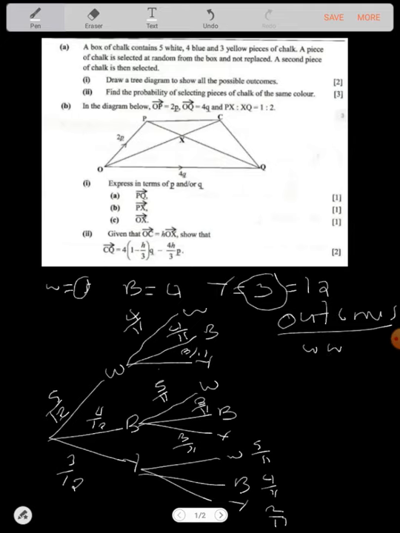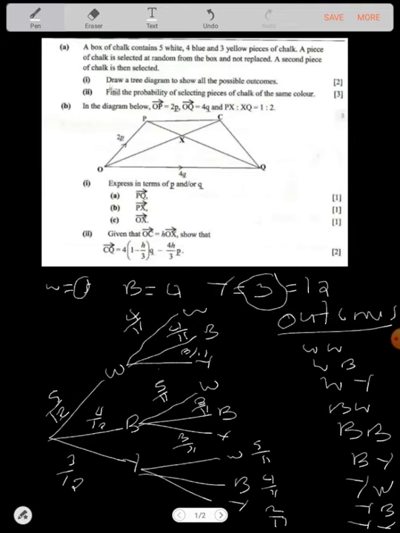Then we also have white blue, white and yellow, blue and white, BB, BY, YW, then YB, then YY. So these are the possible outcomes when they say write the possible outcomes.